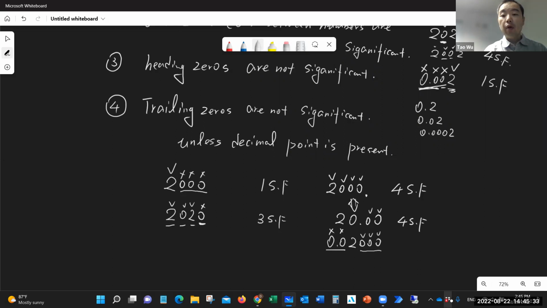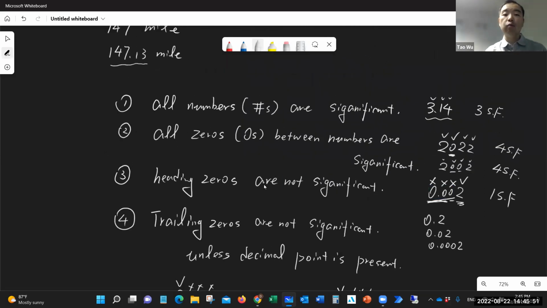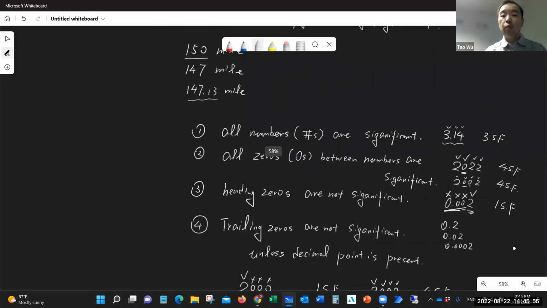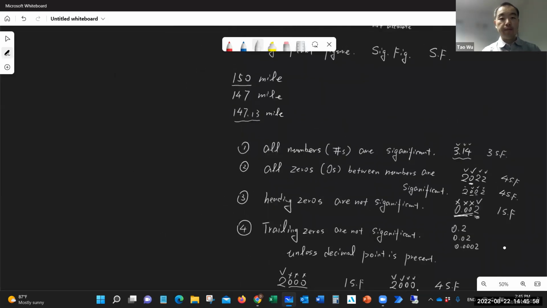So 0.02000 also has 4 sig figs. That makes sense? Okay, so this is how we count sig figs, and we have 4 different rules for counting. So now the next part will be our practice time.